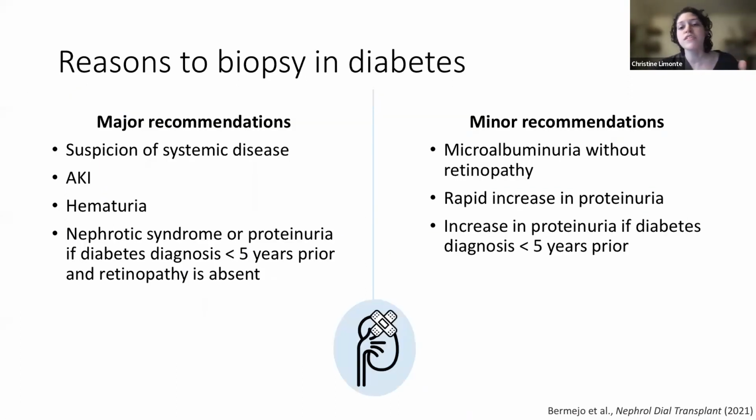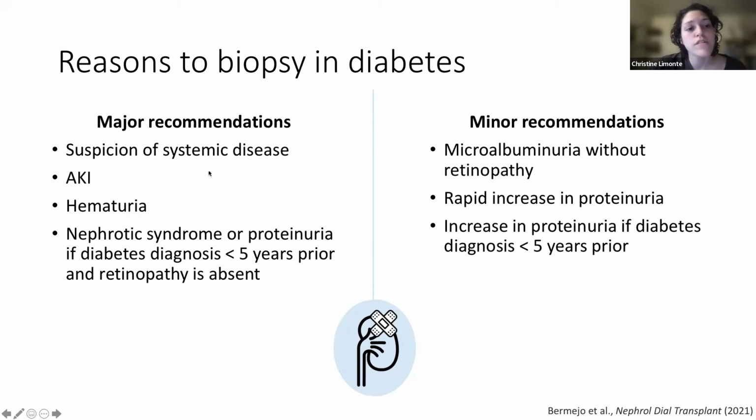While there's no clear consensus on when to biopsy in diabetes, in general, the indication appears to be that there's a reasonable probability that there is non-diabetic kidney disease. One paper I came across outlined major and minor recommendations for biopsy, which seemed consistent with what I've learned during training.